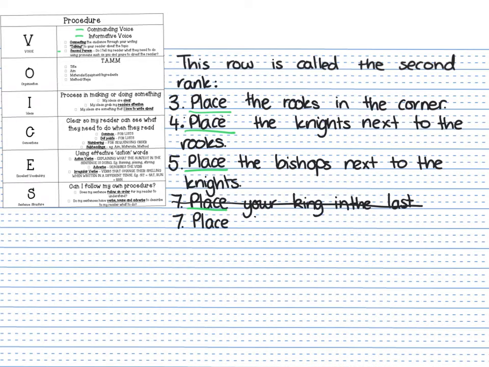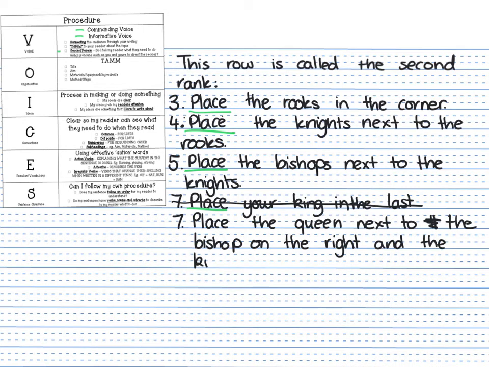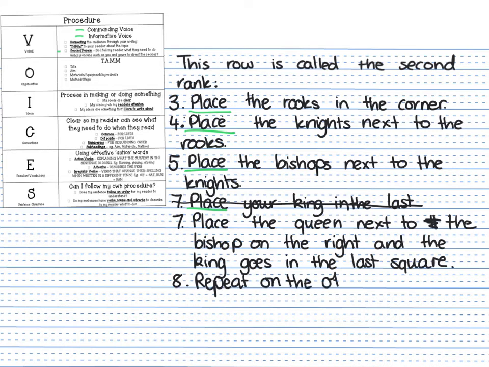And I'm going to go here, place the queen next to the, cross it out, the bishop on the right and the king goes in the last square. Repeat on the other side.